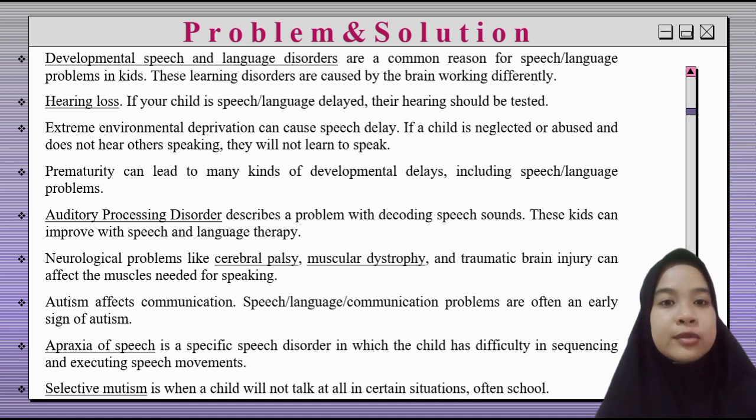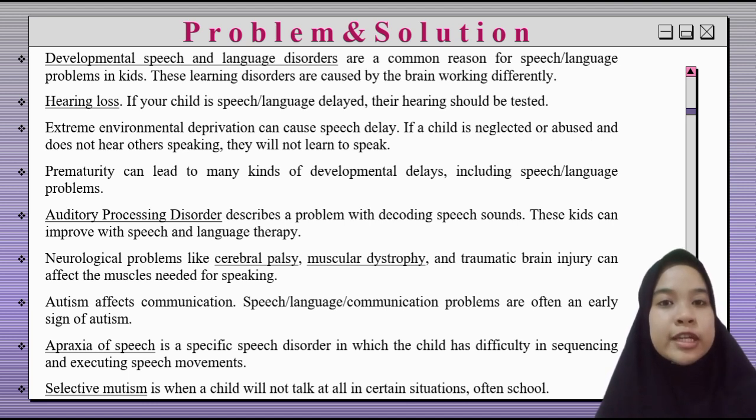Prematurity can lead to many kinds of developmental delays, including speech or language problems. Next, auditory processing disorder describes a problem with decoding speech sounds. These kids can improve with speech and language therapy. Next, neurological problems like cerebral palsy, muscular dystrophy, and traumatic brain injury can affect the muscles needed for speaking.